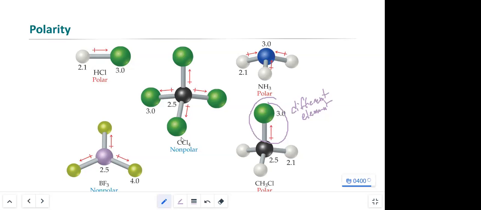All the bonds are getting pulled in opposite directions. In the case of ammonia, we have two things happening. First of all, we can see all of the dipoles are pointing toward the nitrogen. And we know that this other position here is a lone pair. And that lone pair of electrons is also going to create that asymmetry that we are looking for.